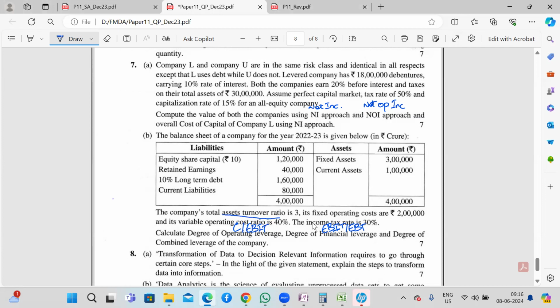That is sales divided by total assets, right? So here this is equal to 3. I don't know sales. So sales is equal to 3 into my total assets, which is 4 lakhs. So 3 into 4 lakhs, that means 12 lakhs is my sales.